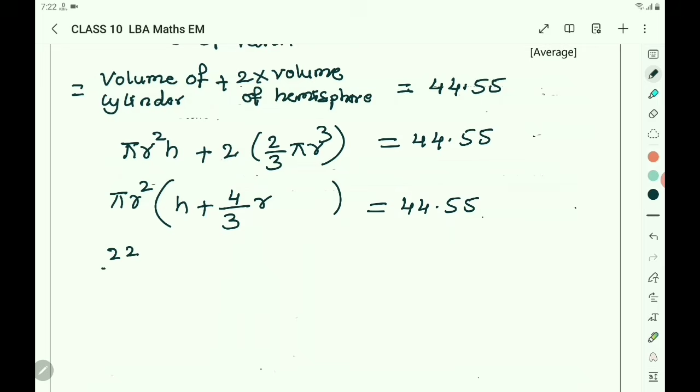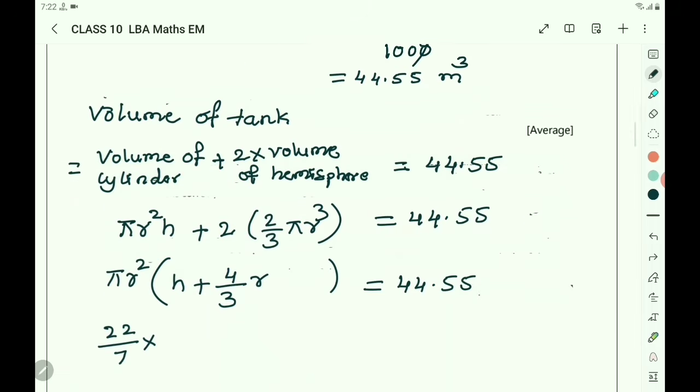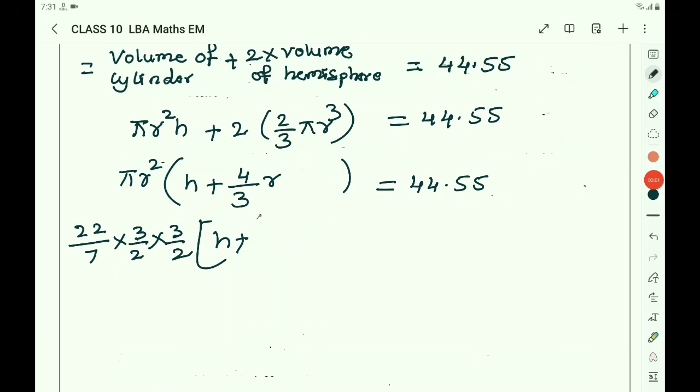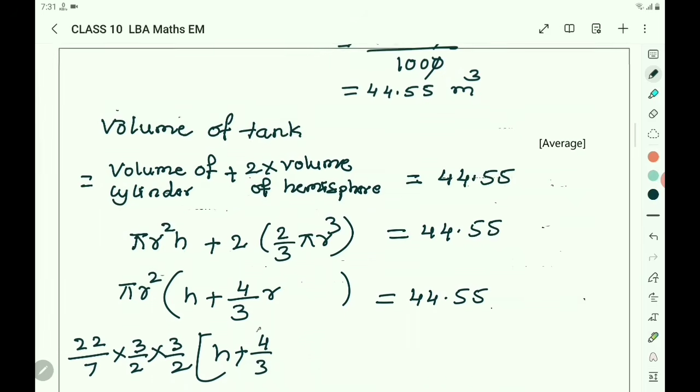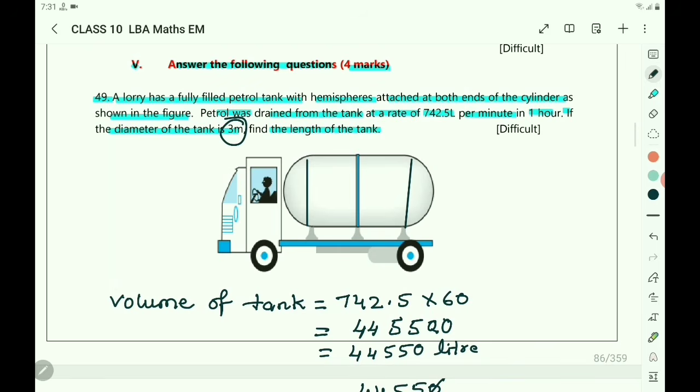Then you write 22 by 7 into r. r is 3 meter by 2, diameter is 3 and radius is 3 by 2. r square means write 3 by 2 into 3 by 2. Now here h plus 4 by 3, r is 3 m by 2.